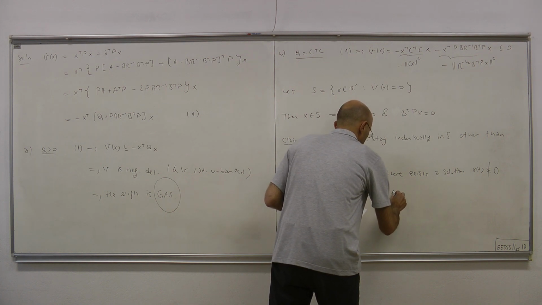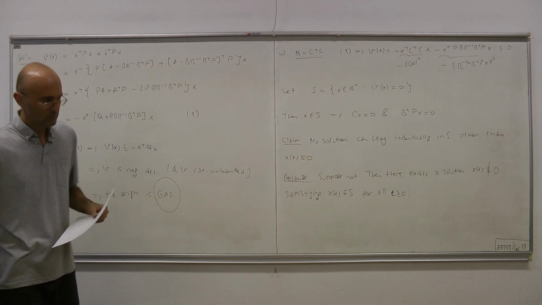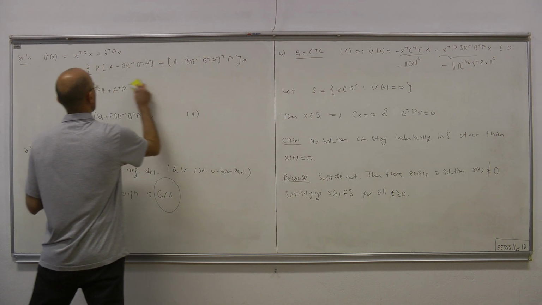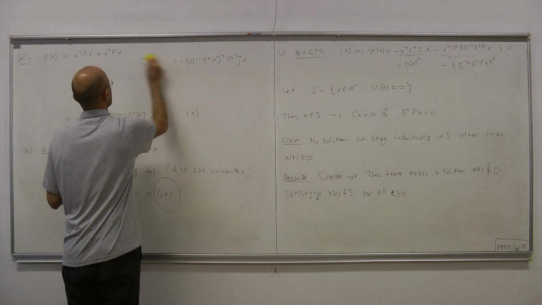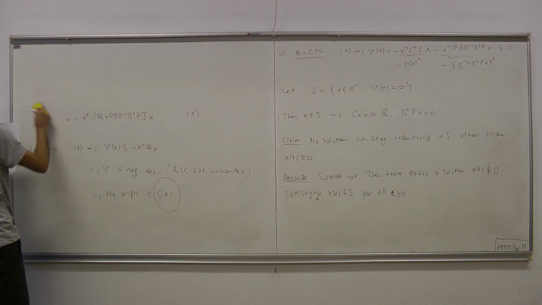For all t greater than or equal to 0. Okay. Now let's see how that gives us a contradiction.